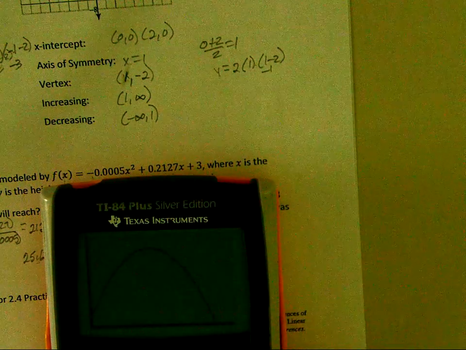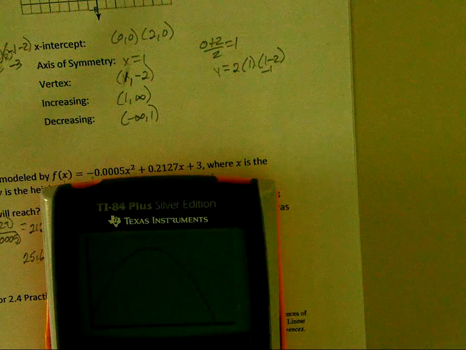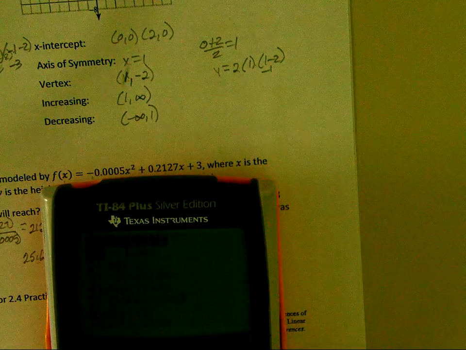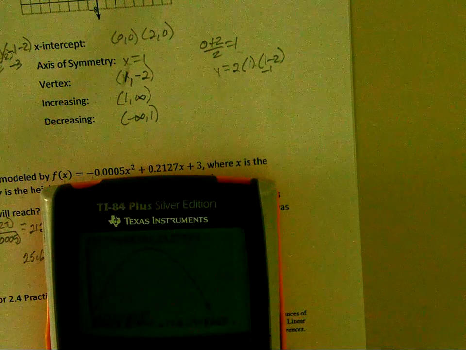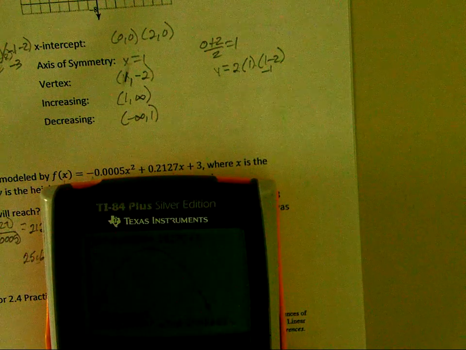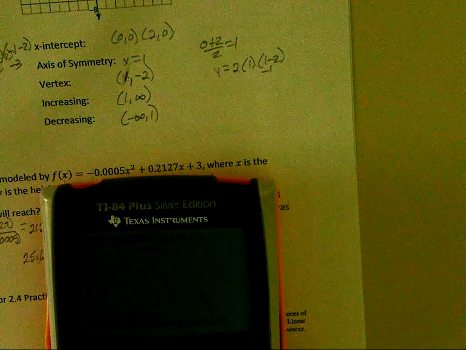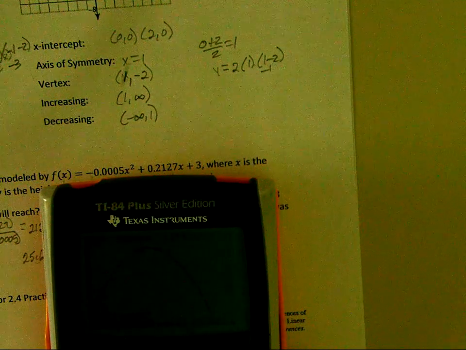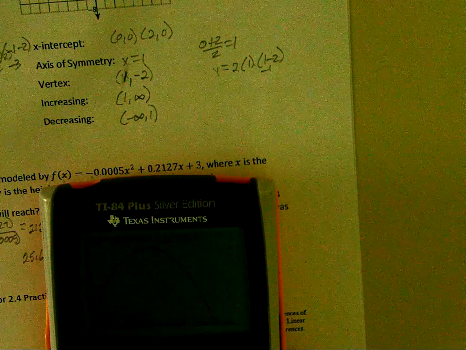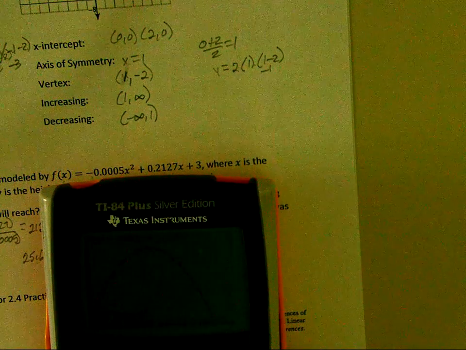Now, if I graph that and we want to find that vertex on top, you can go second calc. Notice this has a maximum, number 4. It's going to ask me for the left bound, so I move my cursor anywhere to the left of the top of that parabola and hit enter.